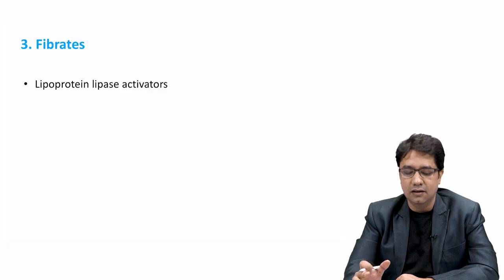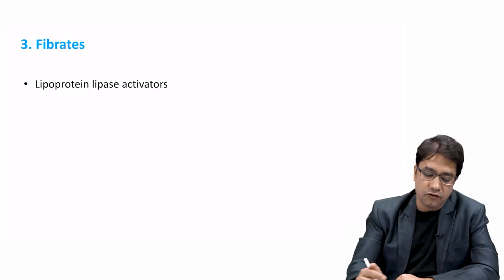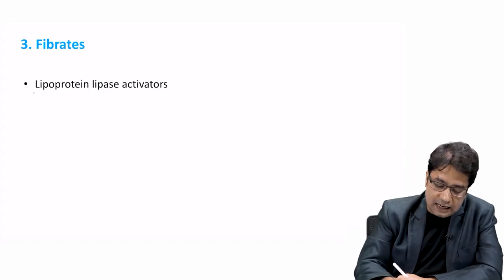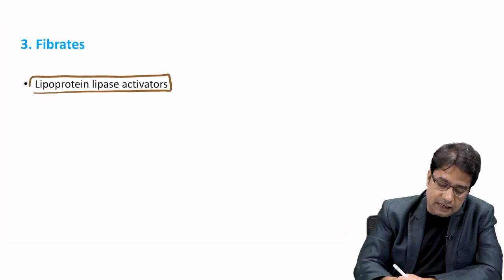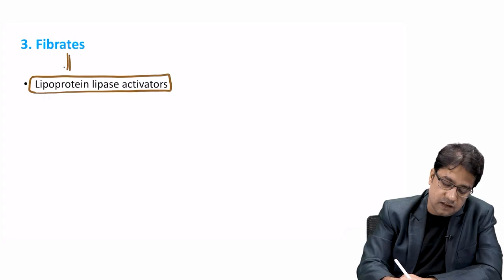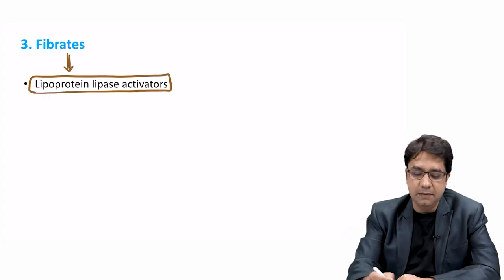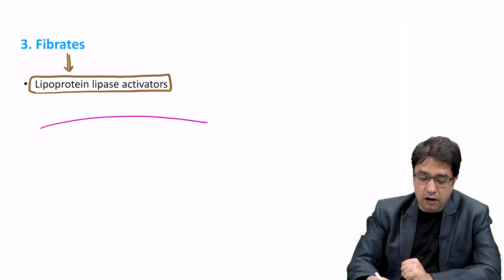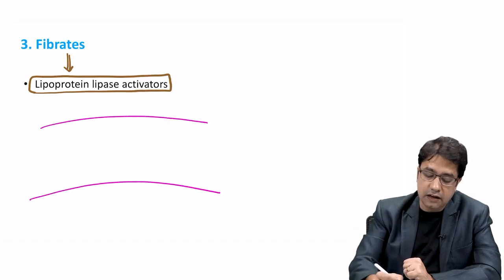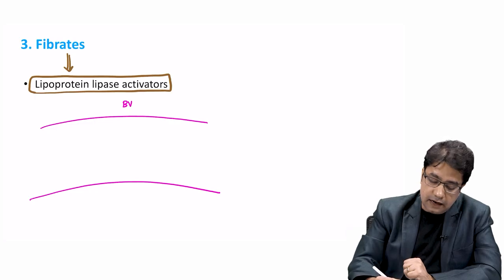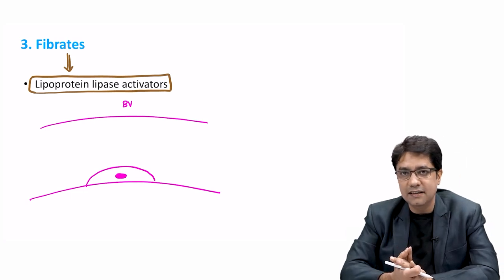Let's talk about the third very important class of drugs, that is fibrates. So fibrates are known as lipoprotein lipase activators. Recall, we discussed that on our blood vessel, endothelial cells, there is a lipoprotein lipase enzyme.